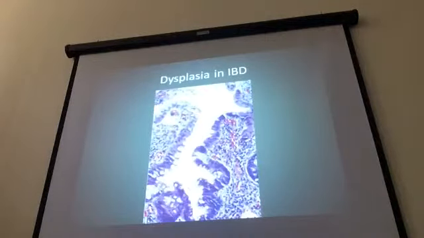Here, for example, it's helpful to compare more normal appearing areas like this with the dysplastic areas over here. You can see the hyperchromasia, enlargement of the nucleus, and the loss of polarity here. This would still probably be low-grade dysplasia because the nuclei are mostly pencil-shaped, thin and elongated.